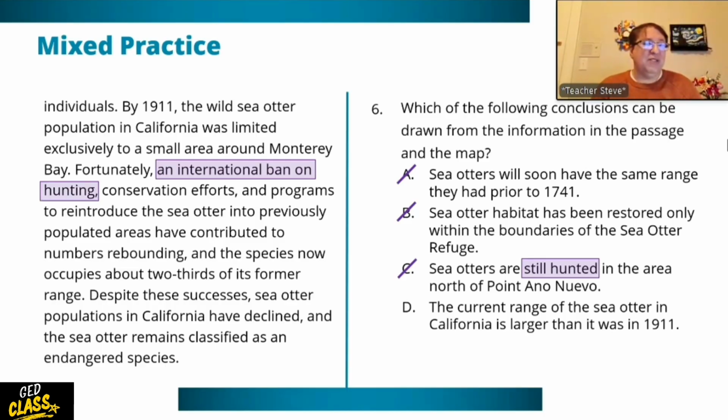But what does it say about the range of the sea otters in 1911? We can take a look back at the text. I'm going to point you in the direction of up here. What does it tell us about the range of the sea otters in 1911?